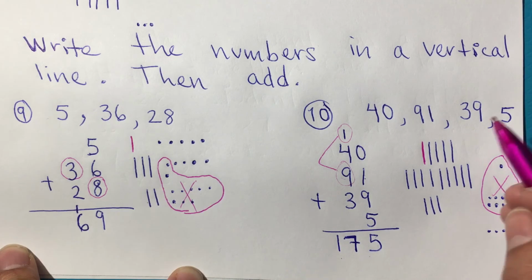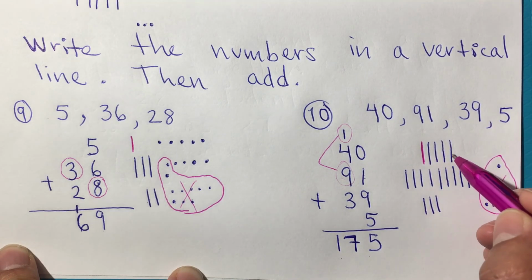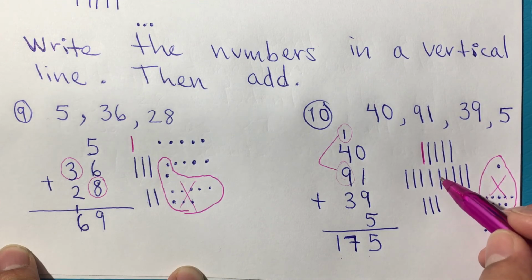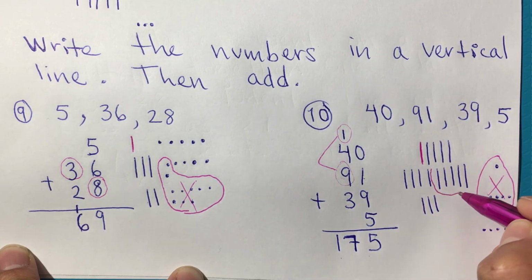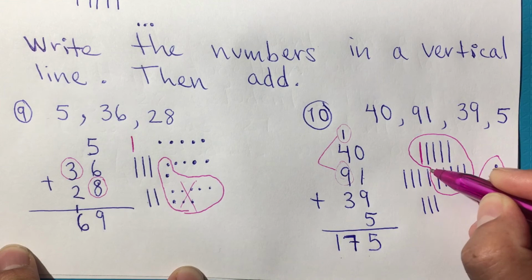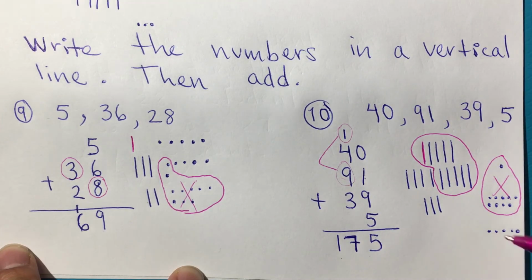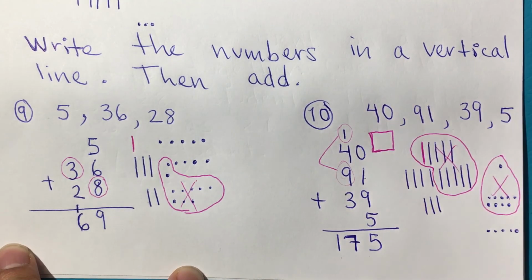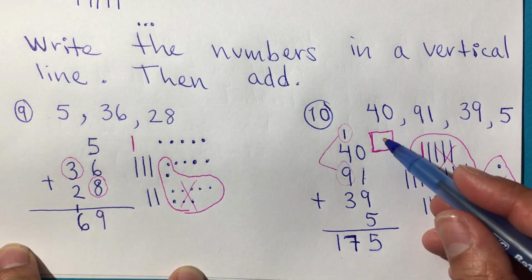So I have 1, 2, 3, 4, 5, 6, 7, 8, 9, 10. 10 of these make 100. And we can regroup that as a little square. Okay. And so now I have 100.